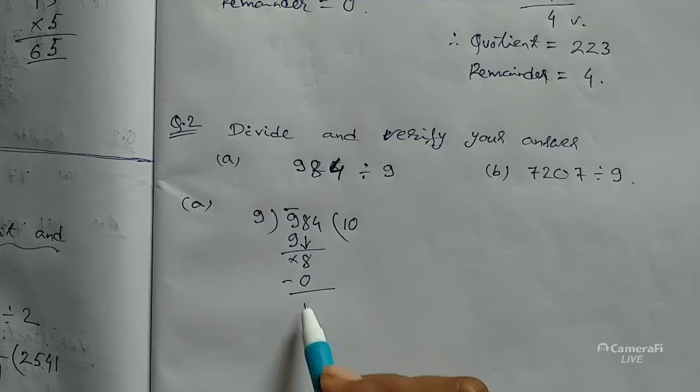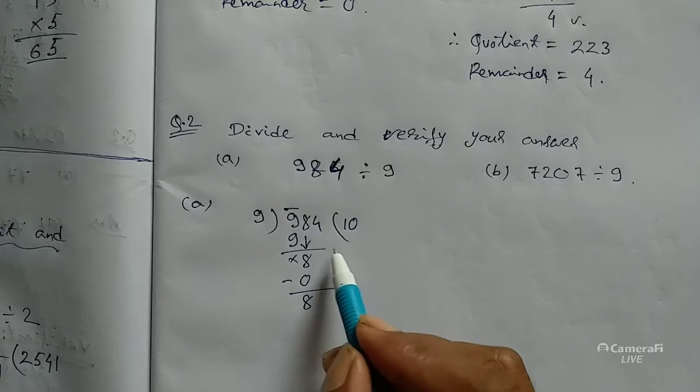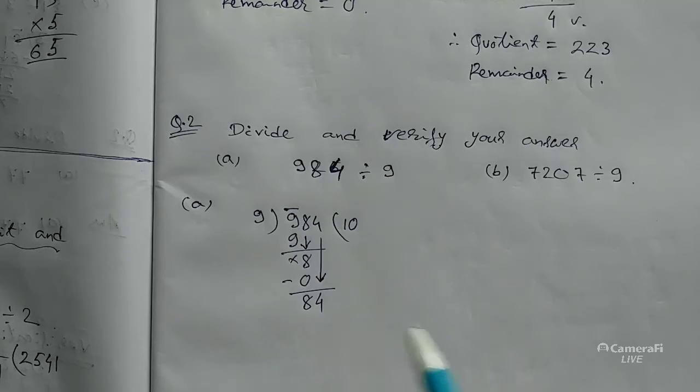Now subtracting we get 8. Now take the next digit 4. The next number becomes 84. Now proceed with the table of 9 until we reach 84 or just greater than 84. 9 1 is 9, 9 2 is 18, 9 3 is 27, 9 4 is 36, 9 5 is 45, 9 6 is 54, 9 7 is 63, 9 8 is 72, 9 9 is 81, 9 10 is 90, greater than 84.